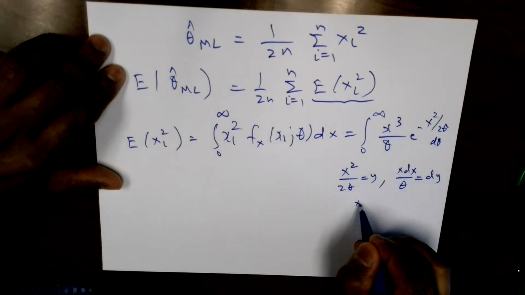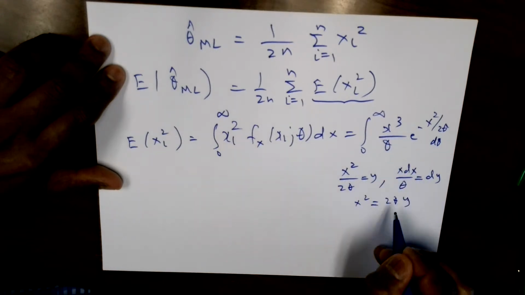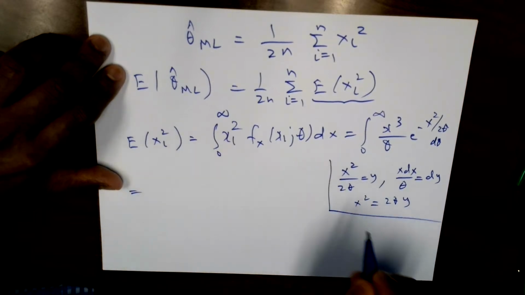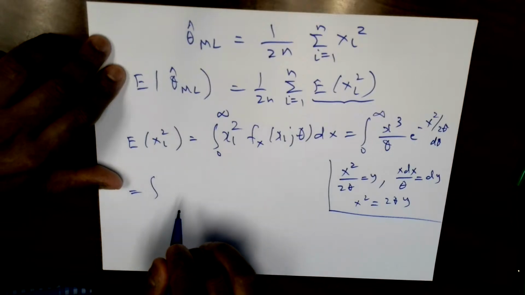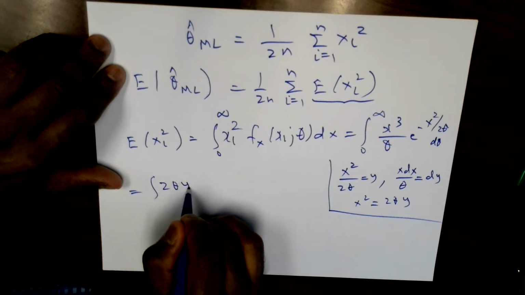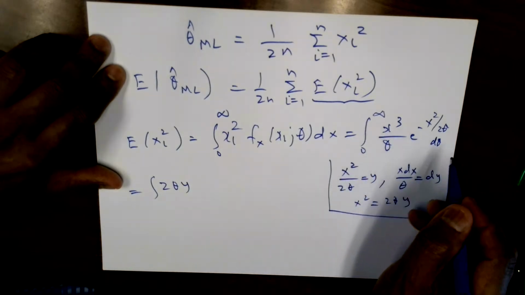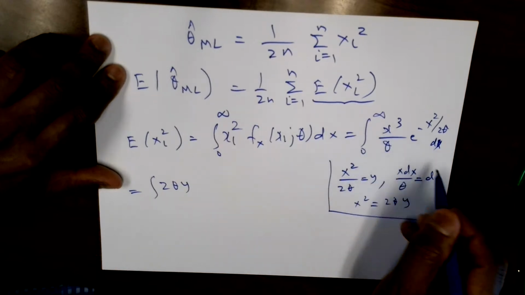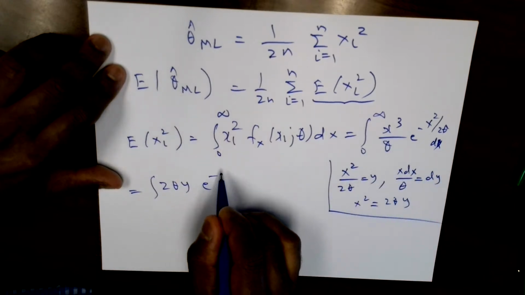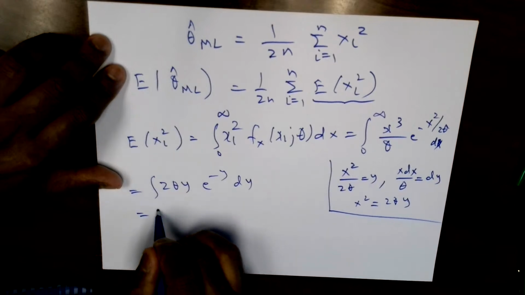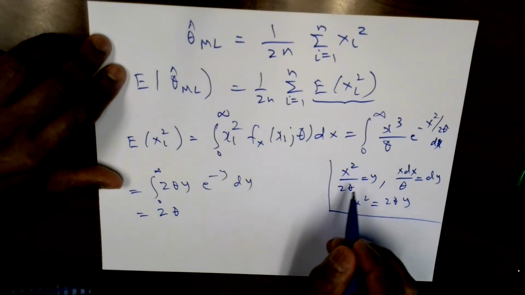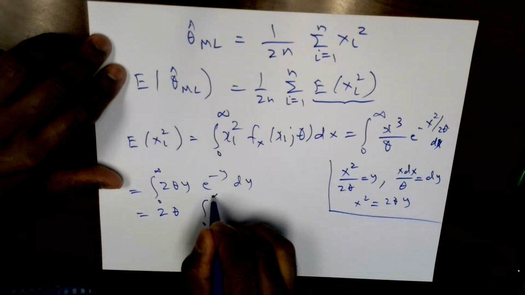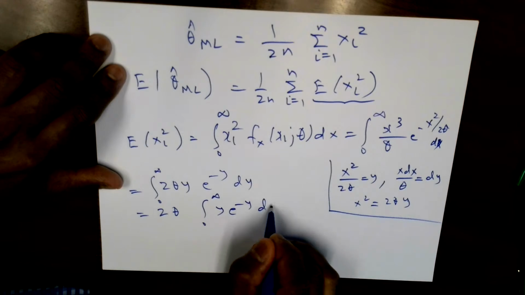So here you have x squared is 2 theta y. So notice that when I substitute all this, x squared becomes 2 theta y, and then x dx over theta is dy, so e raised to minus y dy. So this is 2 theta, y, x goes from 0 to infinity, y the same thing, so 0 to infinity y e raised to minus y dy.